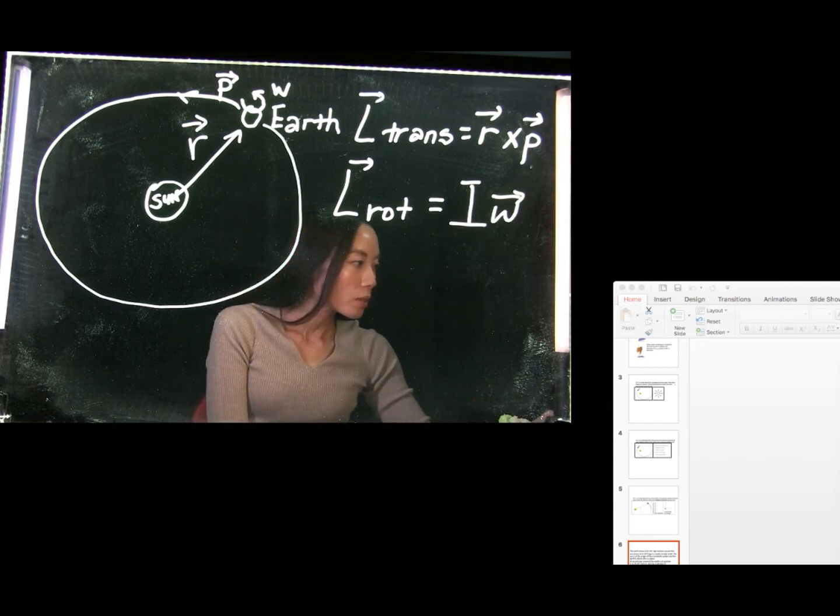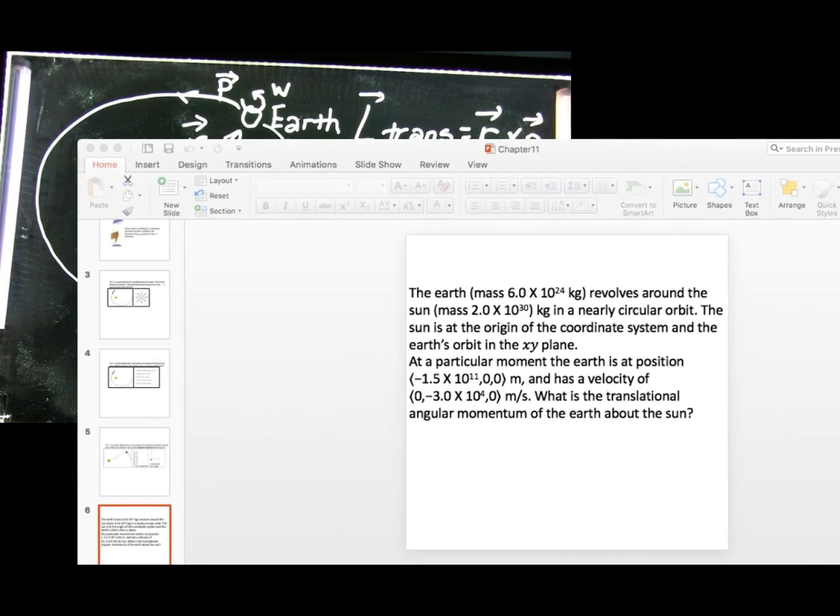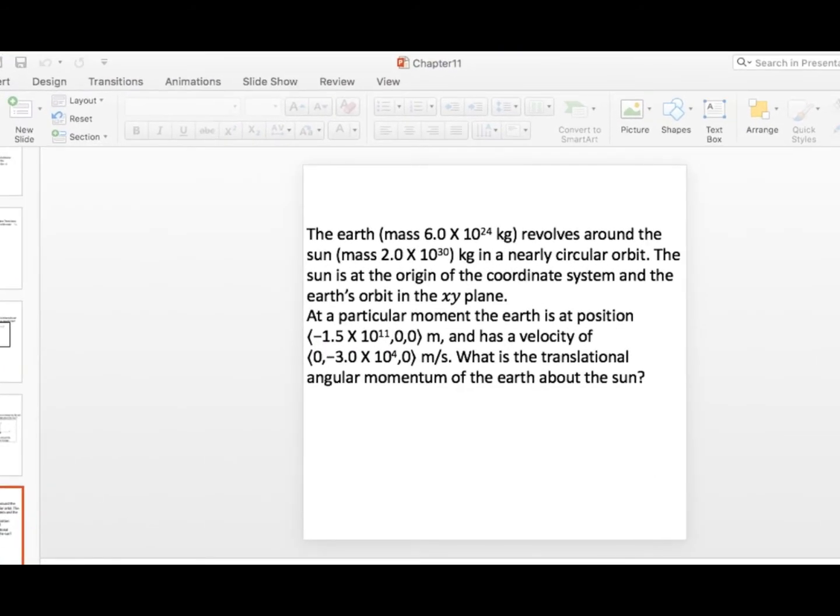So let us look at this example and solve it. In this example, we have the Earth orbiting around the Sun in a nearly circular orbit. The Sun is at the origin of the coordinate system, and the Earth's orbit is in the XY plane.